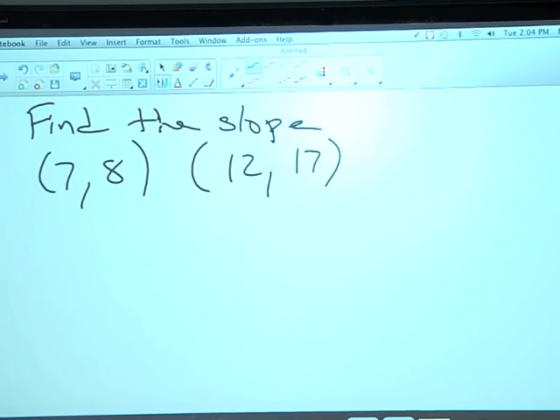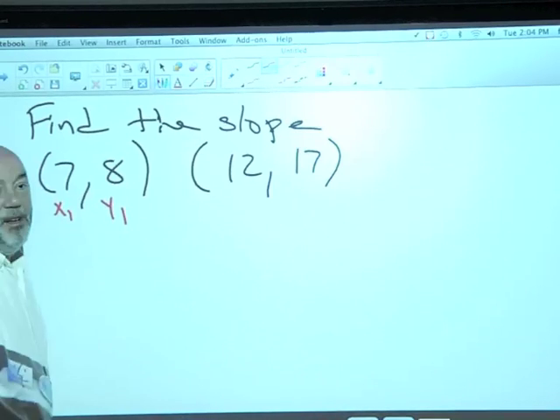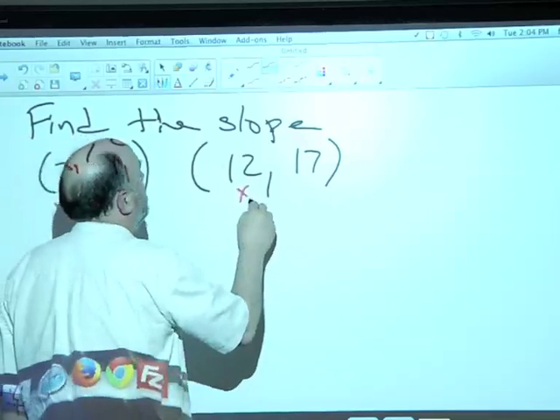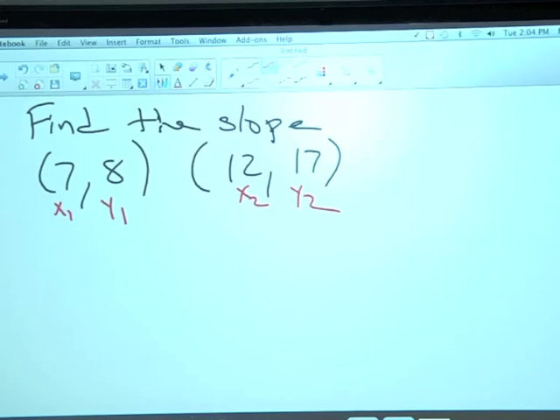So for the sake of argument, let's call this x1, y1. We'll call this the point x2, y2. And then I'm just going to take those 4 numbers and plug them into my equation.